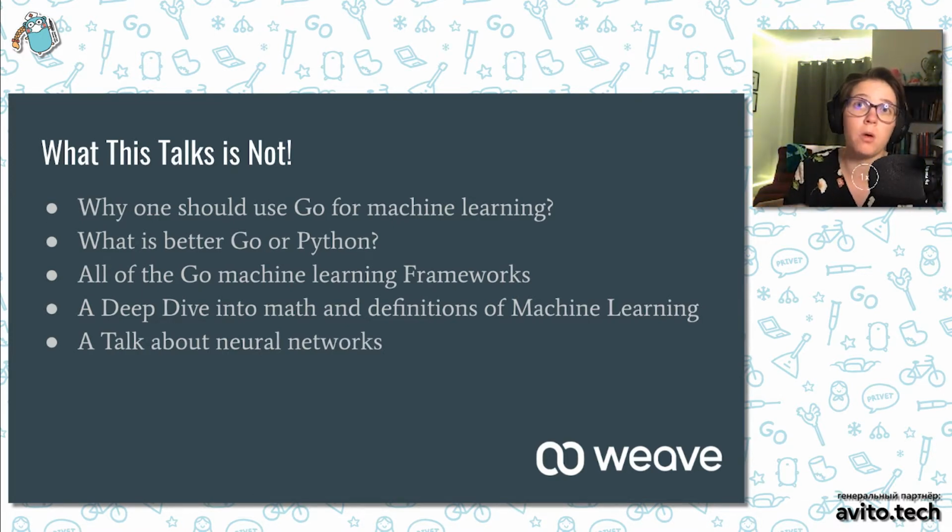I'm not going to talk about Go versus Python. I'm not going to go into all of the possible frameworks for machine learning in Go. There are a ton. They have different uses for different cases, and you should go explore those yourself. I'm not going to be diving deep into any math, a bunch of definitions you kind of have to go with me on and look them up later, and I'm not going to talk about neural networks at all. Sorry, those are way fun, but that's not what I'm talking about.